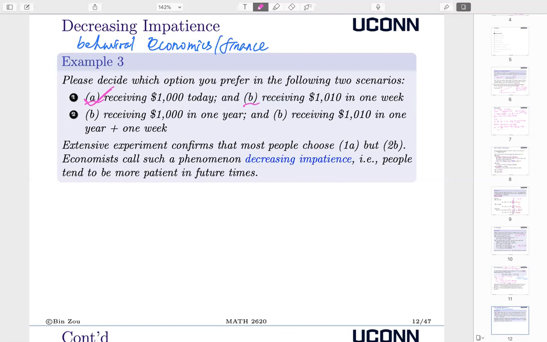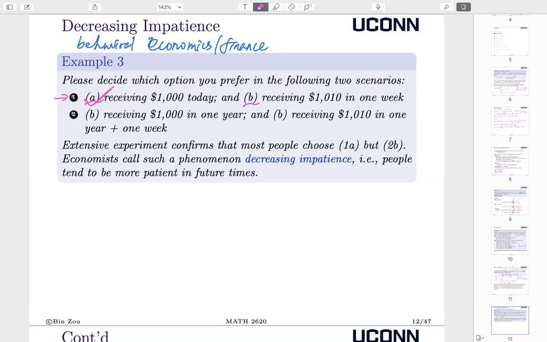Let's say A is 1 million today. Option B is you receive 10 more dollars, but you have to wait another week. Will you wait for an entire week for just the $10 over 1 million? Probably not, right? So anyway, this is the result for scenario 1.